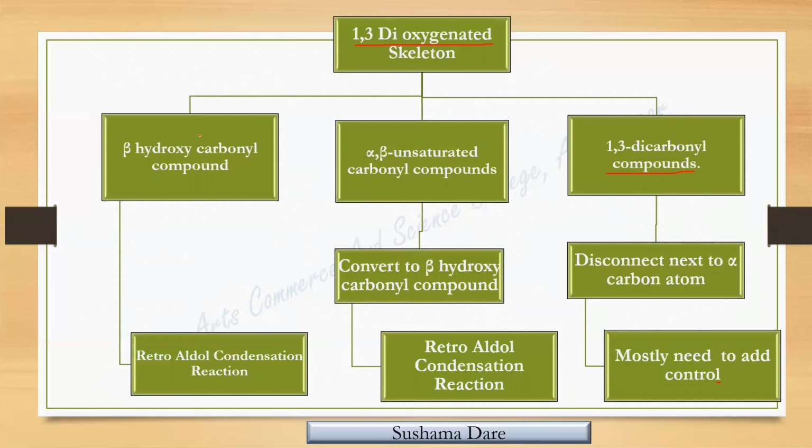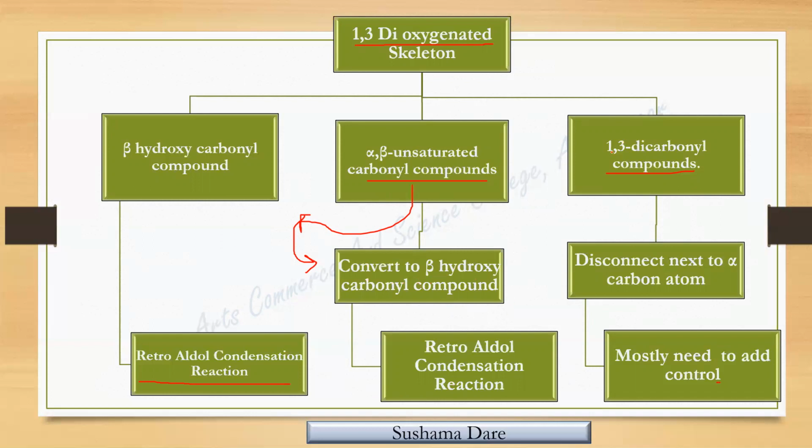Whenever a beta hydroxycarbonyl compound is there, the best retro route is the retro-Aldol condensation reaction. If an alpha beta unsaturated carbonyl compound is there, first of all we have to convert it into a beta hydroxycarbonyl compound. The same I have written over here. Once you get a beta hydroxycarbonyl compound, again you go with the retro-Aldol condensation reaction.